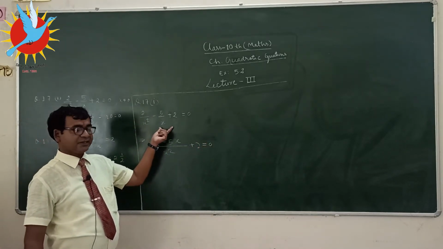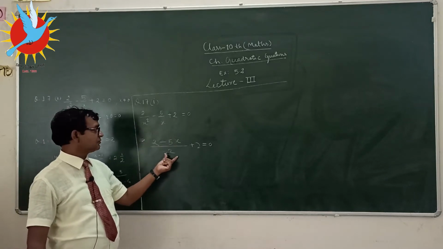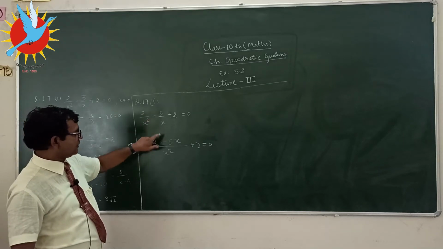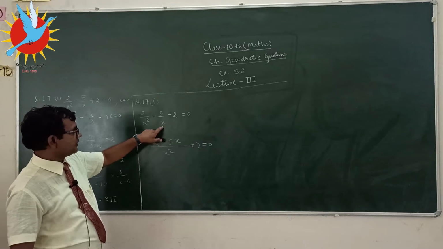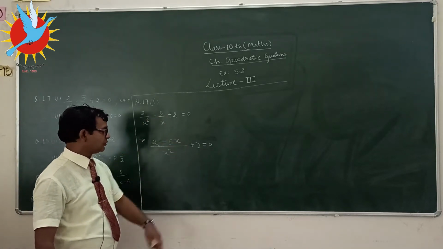x square and x, LCM of both the denominators is x square. We have 1 and 1 multiplied to 2, we have 2 minus, divide this by x, we left x and multiplied x to 5, we have 5x plus 2 equal to 0.